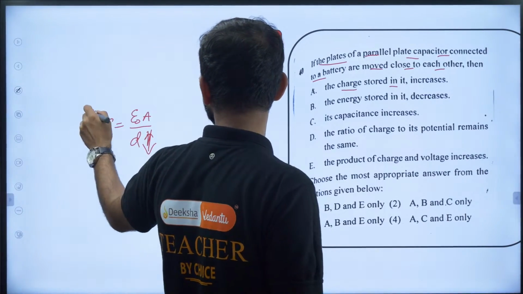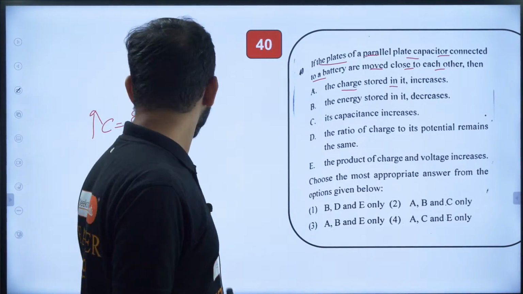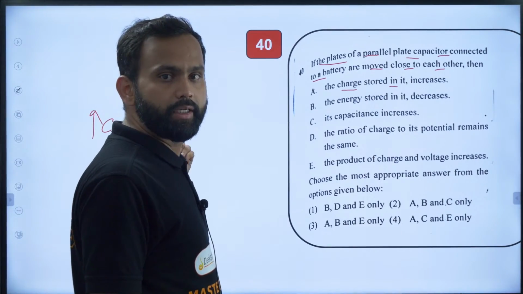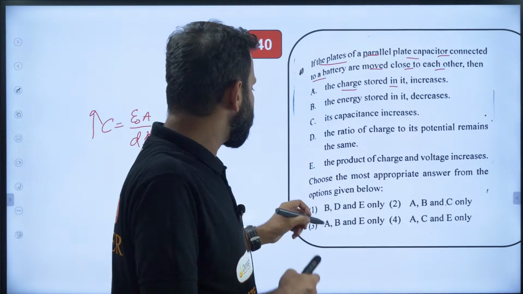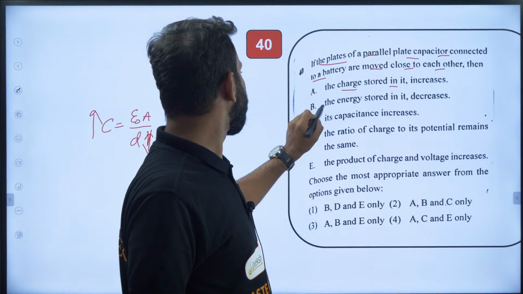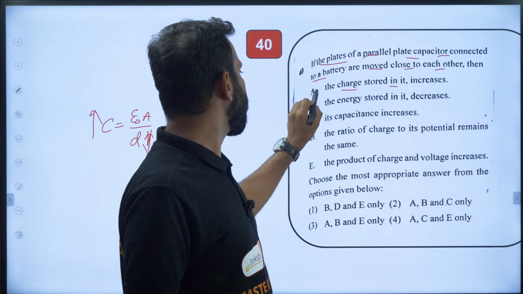If D decreases, capacitance increases. If C increases, Q will also increase. The charge stored in this capacitor will increase. Yes, A is correct.